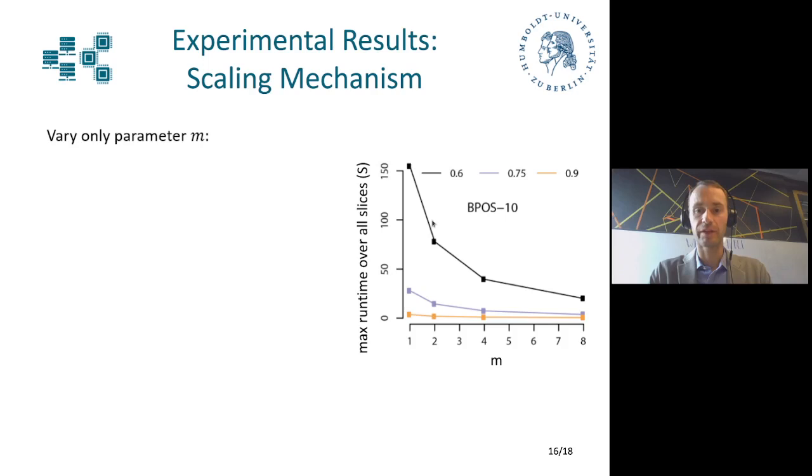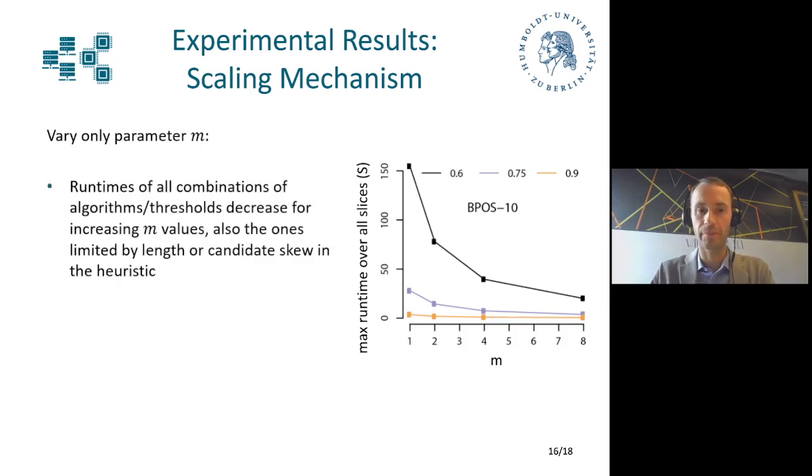You can see that the runtimes decrease, and so the important property of the scaling mechanism is that the runtimes of all combinations of algorithms and thresholds decrease for increasing m values. Also the ones which were limited by length or candidate skew in the heuristic before. This can be expected because this parameter simply partitions the probe records within each slice.